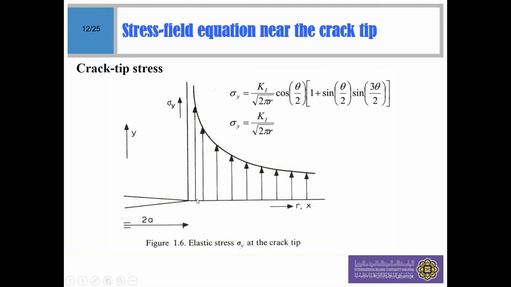So a lower value of r gives a higher value of sigma y. If you take this point, for example, this is 0.1, this is 0.2, up to here it will be 1. So a higher value of r will decrease the value of sigma y.